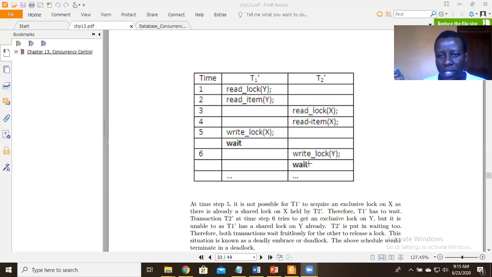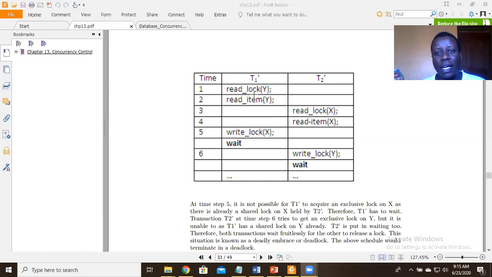Write lock Y, wait. It will wait because T1 wants a lock on item X, which has already been locked, and T2 wishes to have a lock on item Y, which is already locked by this. So we'll have deadlocks, okay?